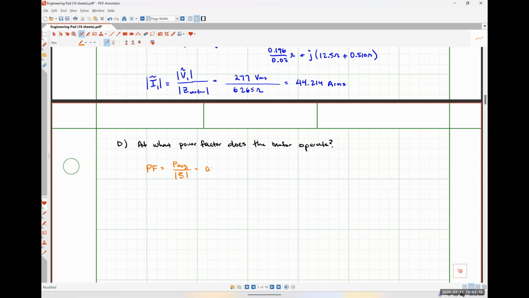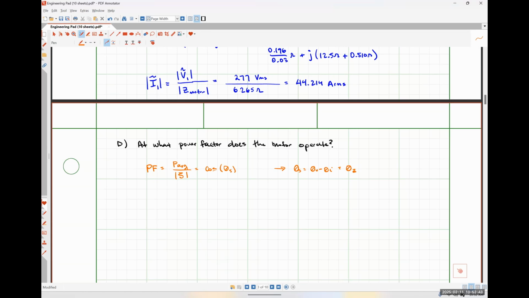Or it was the cosine of our power factor angle, theta S. Well, theta S is simply the difference between the angle of the phasor voltage V and the phasor current I, which is literally the exact same thing as the angle of the impedance of whatever we're looking at.